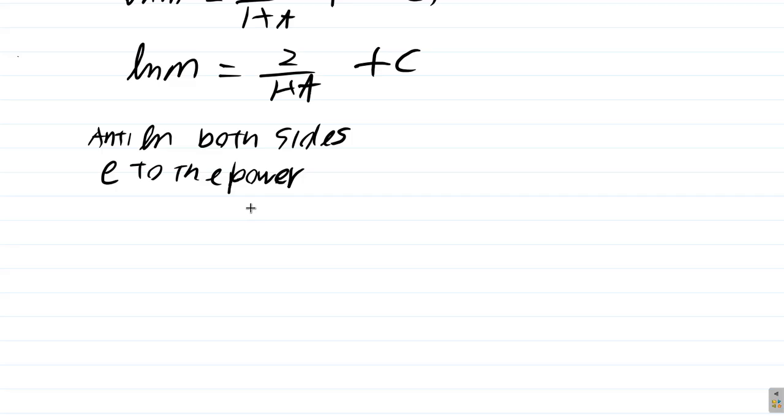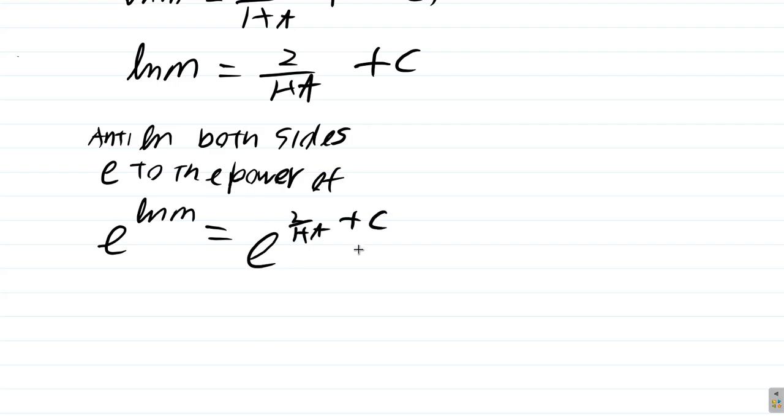So the anti-logarithm and the logarithm cancel out each other. So what you have is e to the ln m equals e to the 2 over 1 plus t plus c. So that's what I have there.